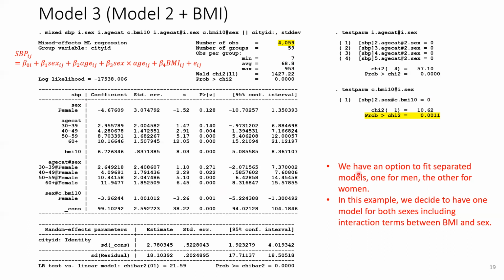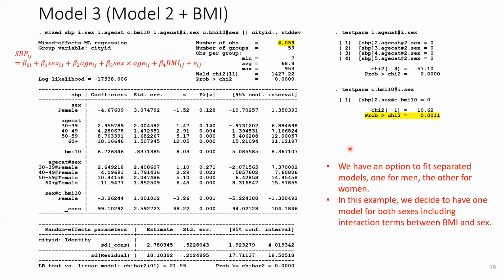So in short, the association between BMI and systolic blood pressure is different between male and female, between men and women. And what to do next? Here we have an option to fit separate models, one for men and the other for women.